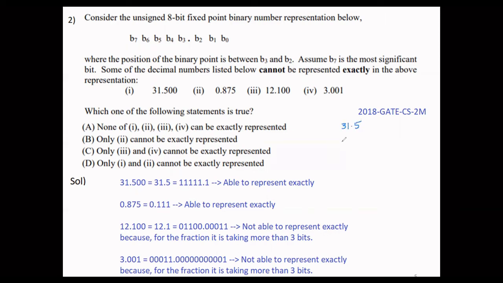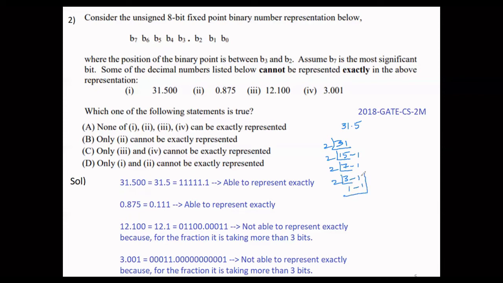So 31, if you divide by 2, it is 15, remainder 1. 7 gives 1. 3 gives 1. 1 gives 1.